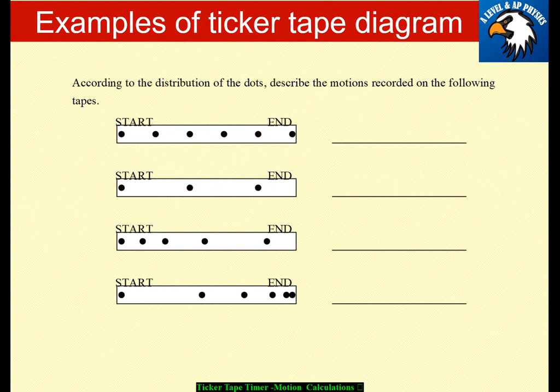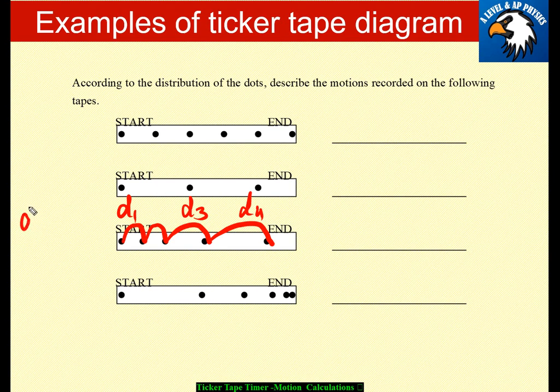Let's move on to the next one now. As we can see, this is the start. This is the distance between the first two dots, then this is the distance, and this is the distance, and this is the distance. Now, as you can see, the distance is increasing. I will say d1, and let's say this is d3 and this is d4.